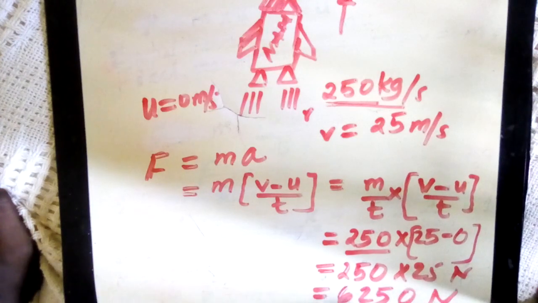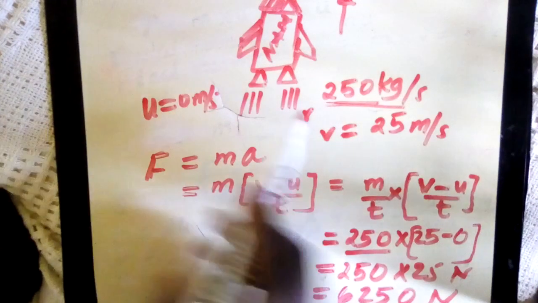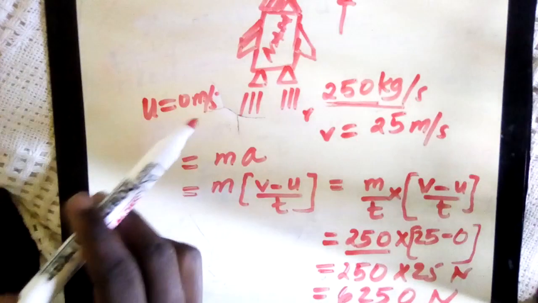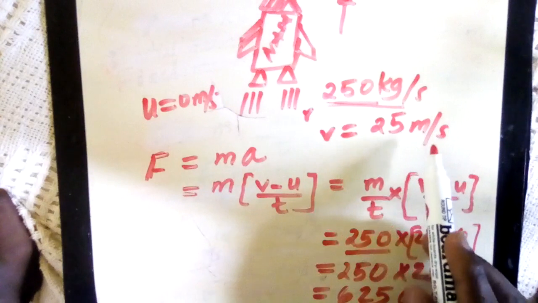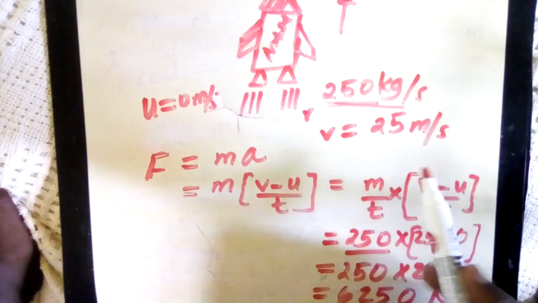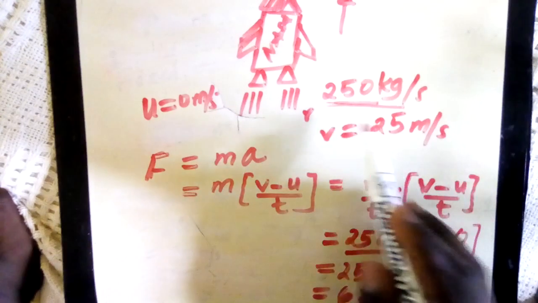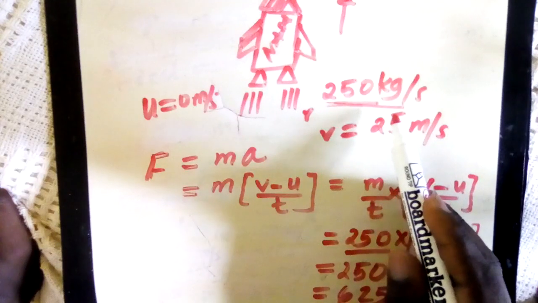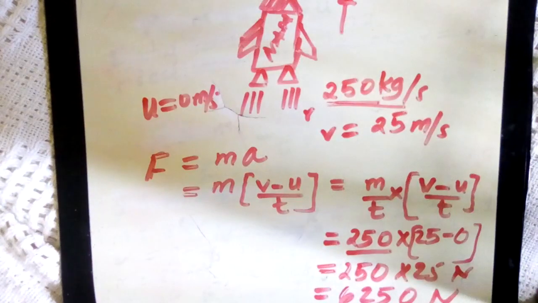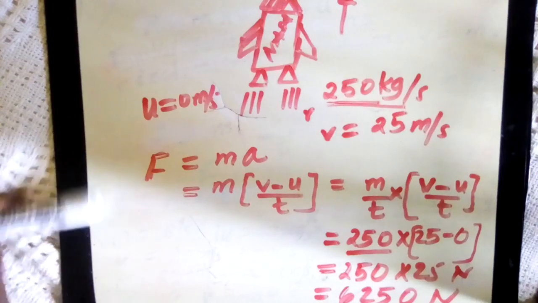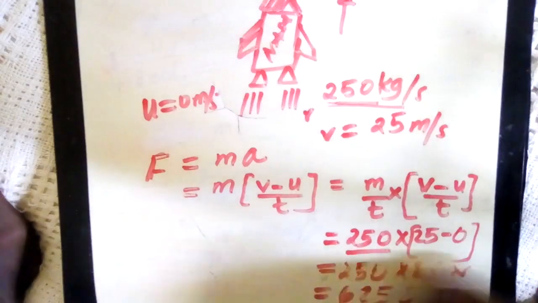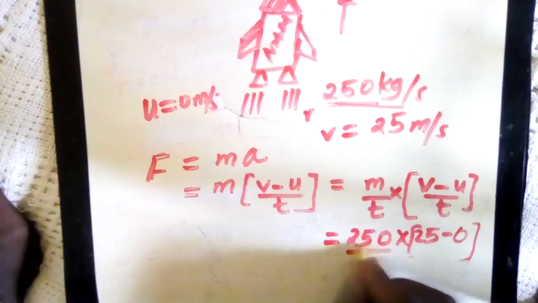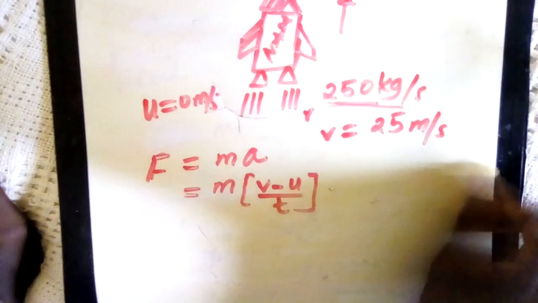So this is the force needed to accelerate this rocket from its launching pad to a velocity of 25 meters per second when the rate of emission of gases is 250 kilograms every second. So that's the way you can derive this equation, and these are very important real life applications of this formula.